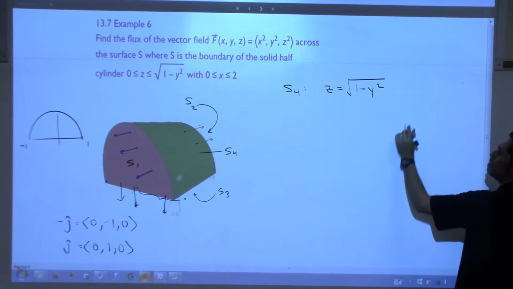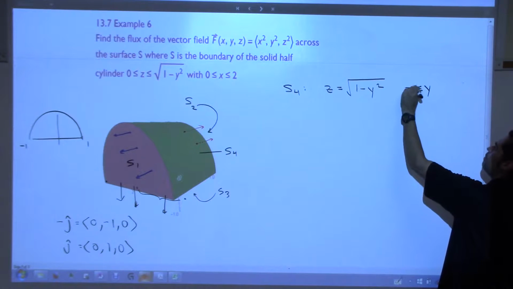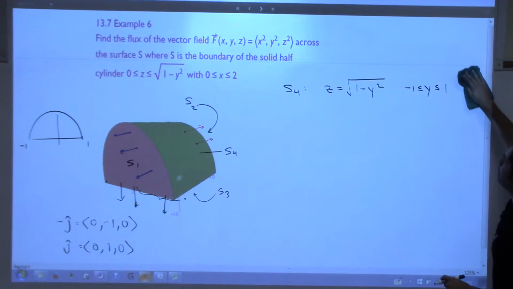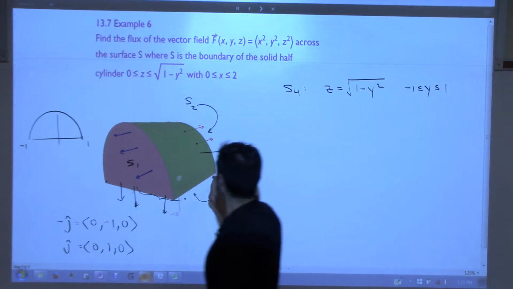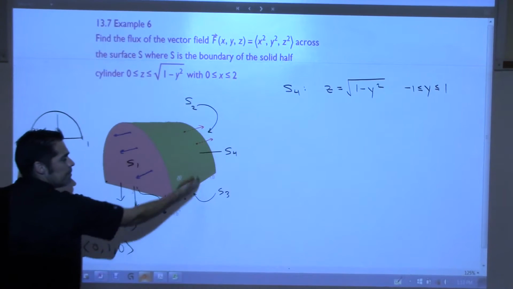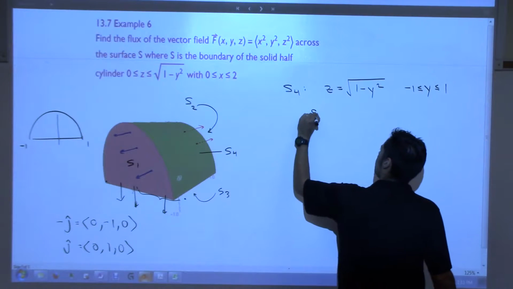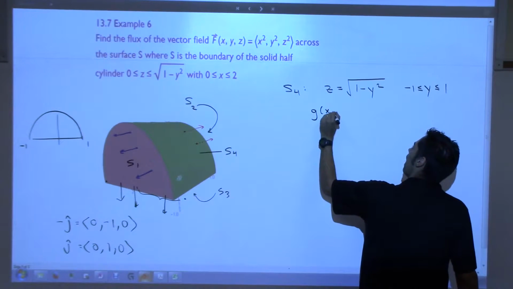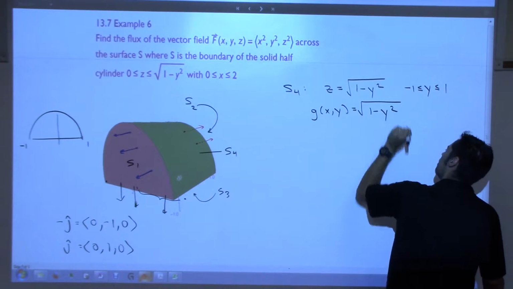And of course, our y here is going to be between negative 1 and 1. That's what it took to draw it, right? That would draw me the surface. And so I'm going to say that this is a function g of x, y. And that's the thing I'll be taking partials of.